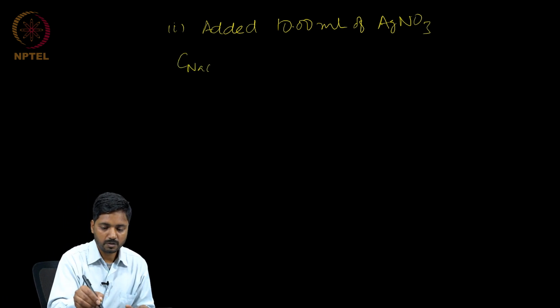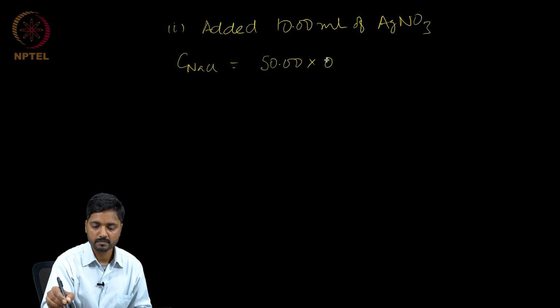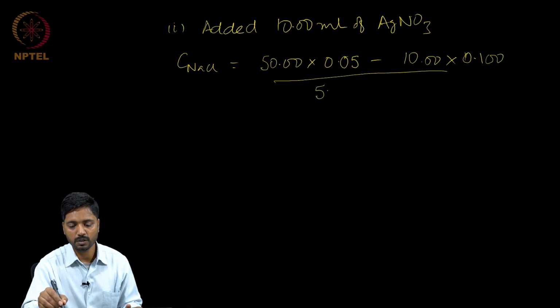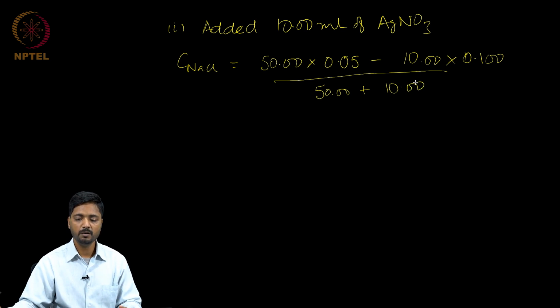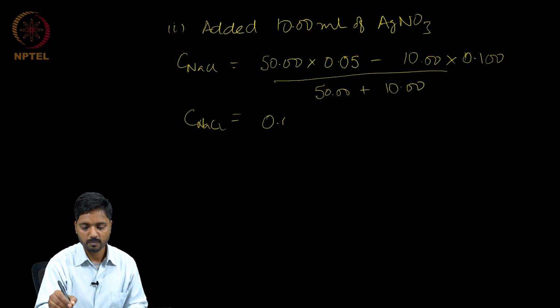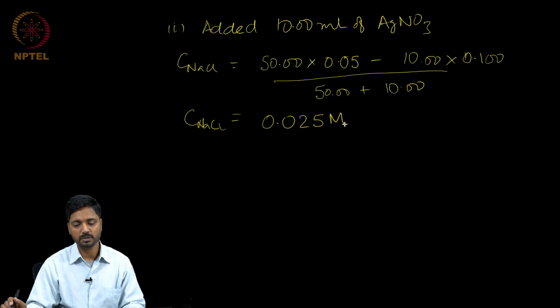Now, our concentration of sodium chloride will become the original concentration minus the amount of silver nitrate that has been added, divided by the total volume of the medium now, which is 50 ml original plus 10 ml added silver nitrate, and this will bring the sodium chloride concentration to 0.025 molar.